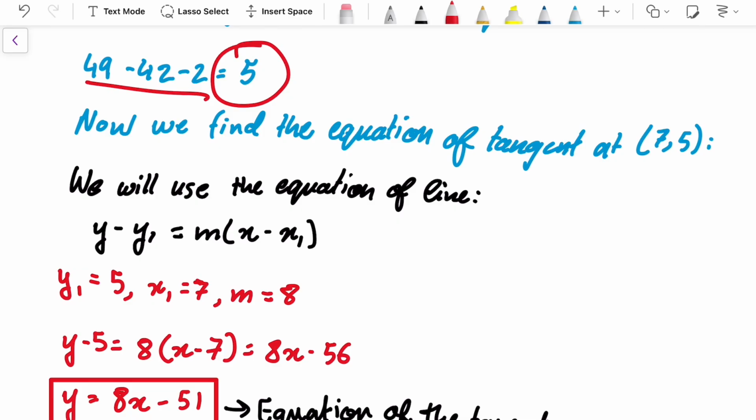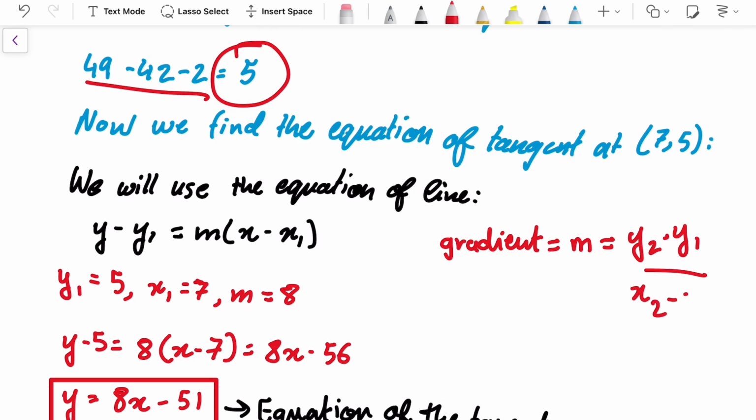Where does this formula come from? Real quick. So basically, we know that gradient, which we denote by m, is equal to y2 minus y1 over x2 minus x1.